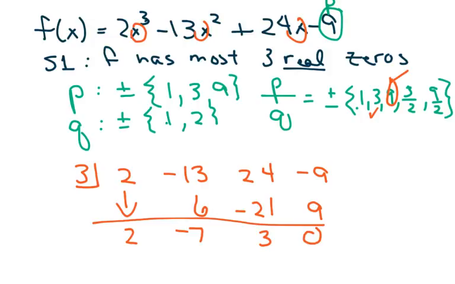So what we have is, if I rewrite this as an equation, we have a root. This does work because we have 0 here. So what we're going to have is x minus 3 times 2x squared minus 7x plus 3.